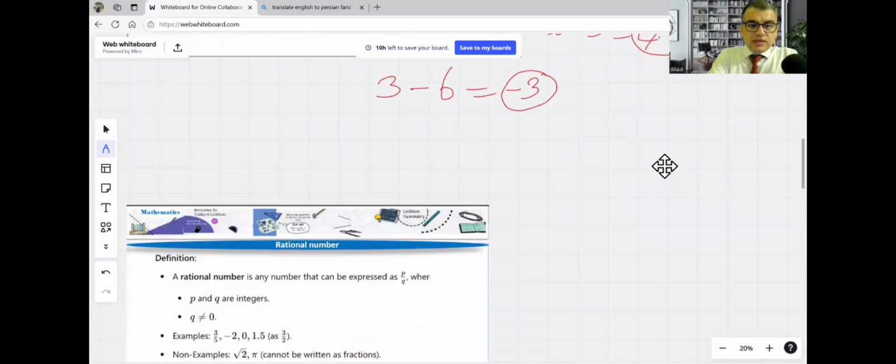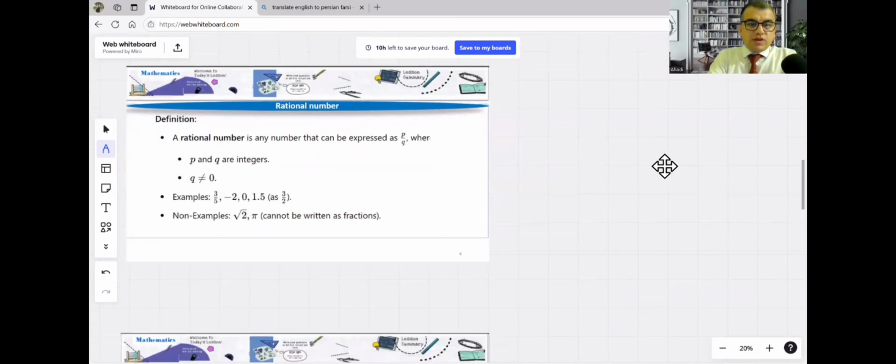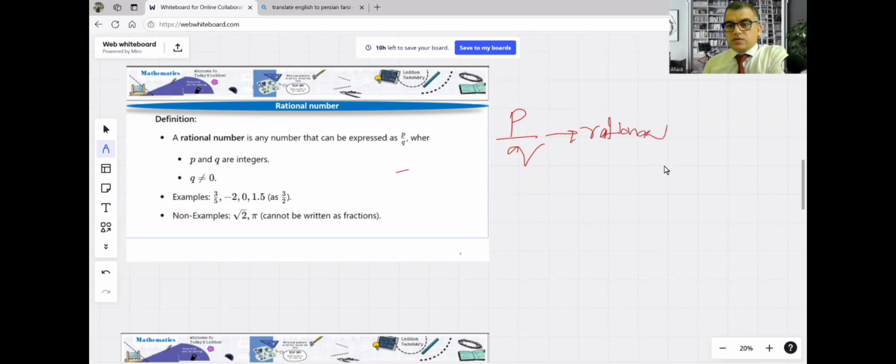So let's go ahead, and this is the definition of a rational number. A rational number is any number that can be expressed as p by q, where p and q are integers, but q is non-zero. So if we can write a number as p by q, then we call this number a rational number.